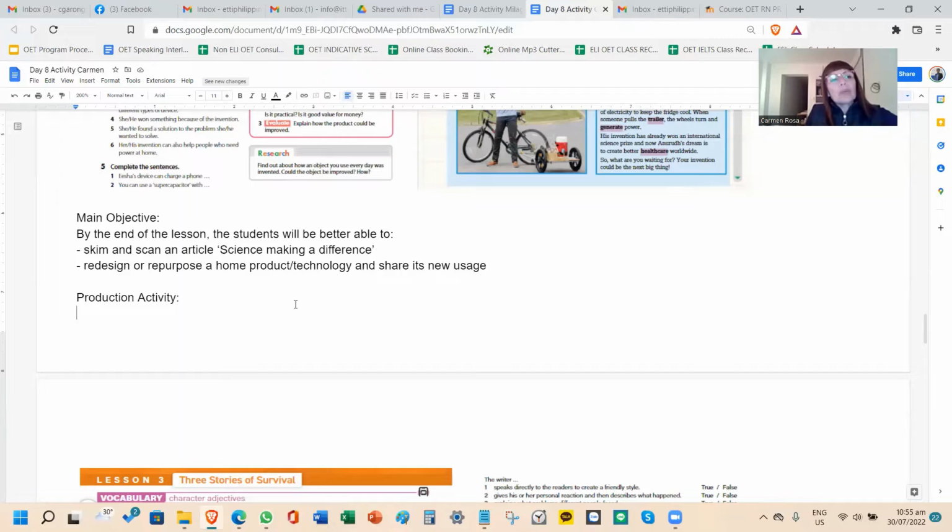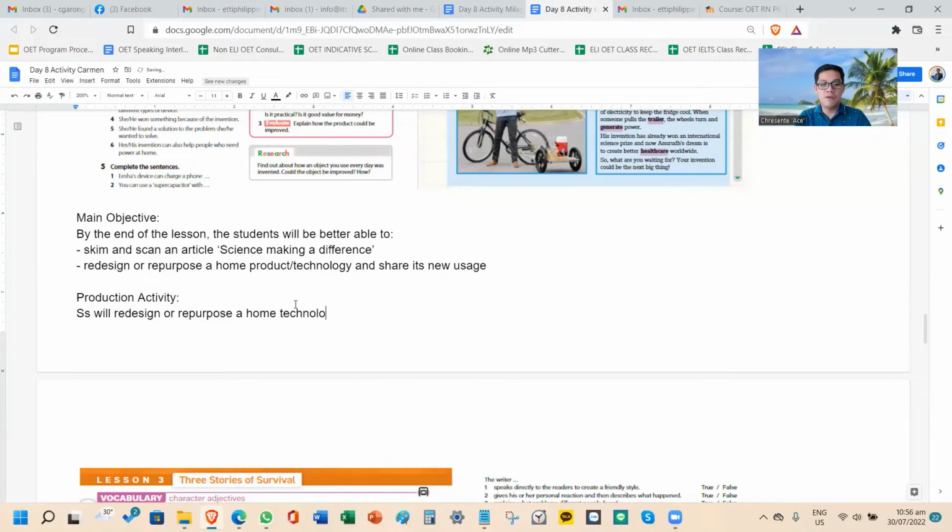What would be the production activity? That is also your main objective. So the production activity will be: students will redesign or repurpose a home technology or product.